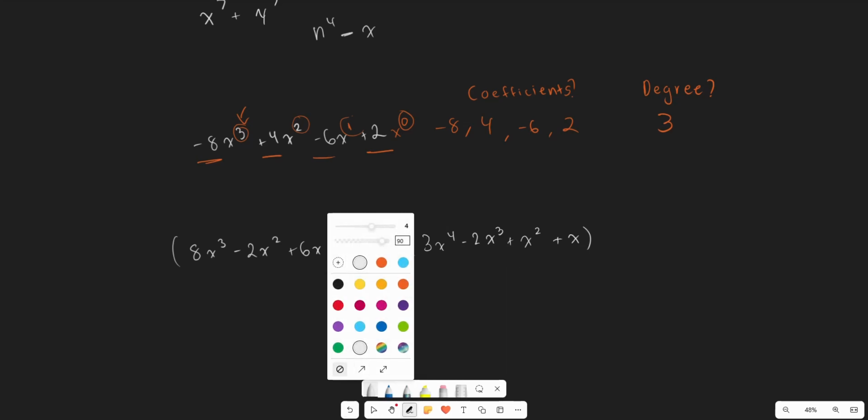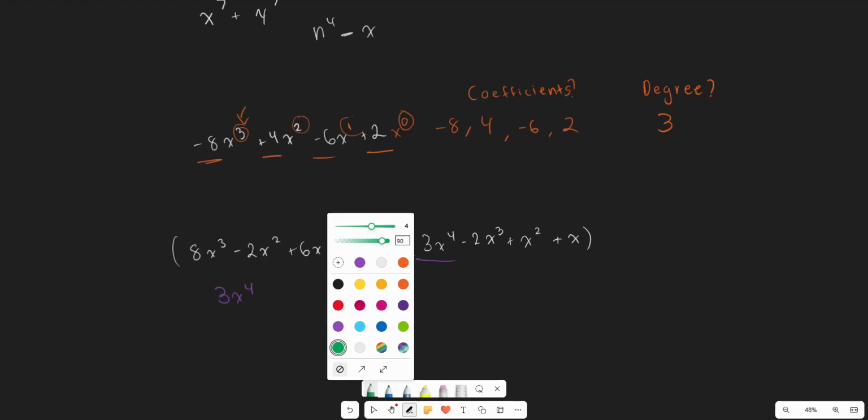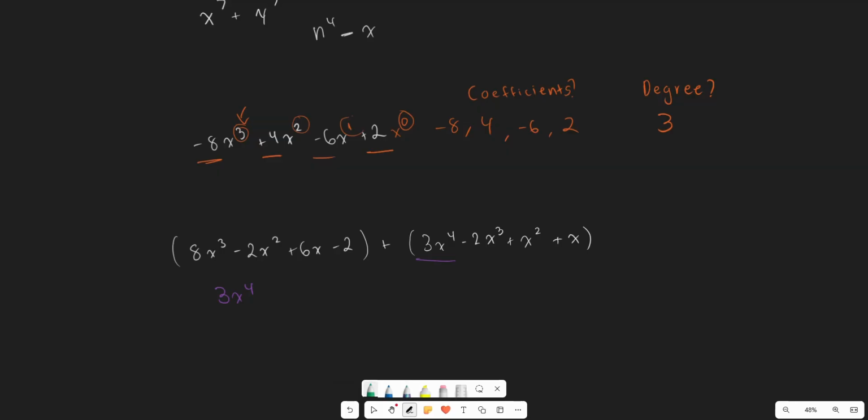So I can see that there's an x to the 4, so let's see if there's any other x to the 4s. No, so that means we only have 3x to the 4. Okay, and now let's try our x cubed term. So we have 8x cubed, and then minus 2x cubed.